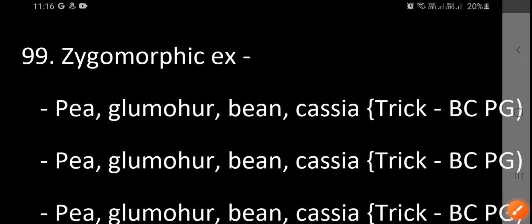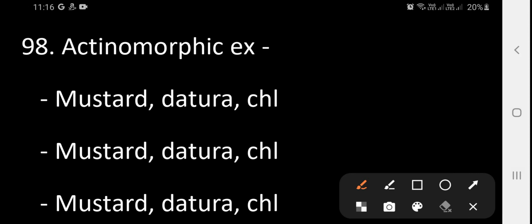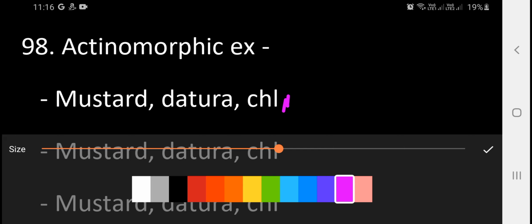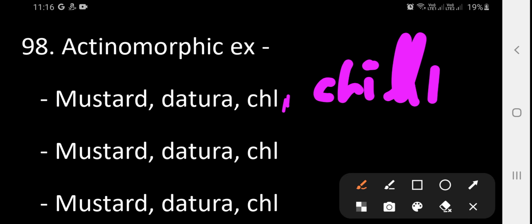Zygomorphic examples: pea, gulmohar, bean, cassia. Asymmetric example: canna.